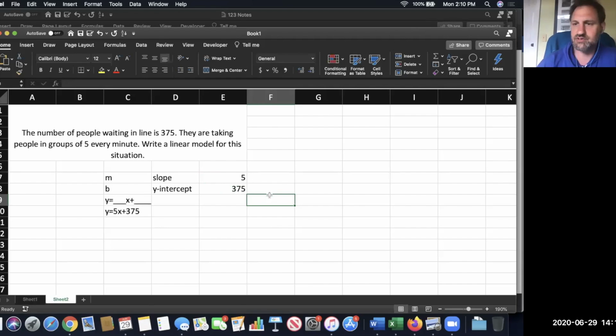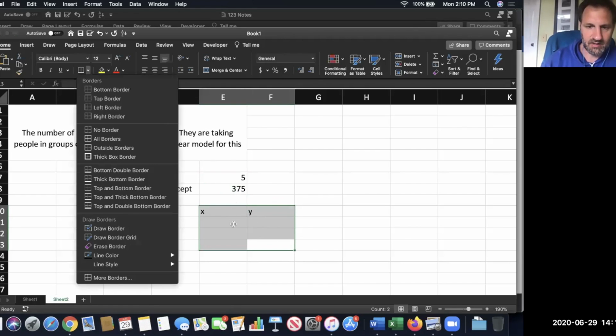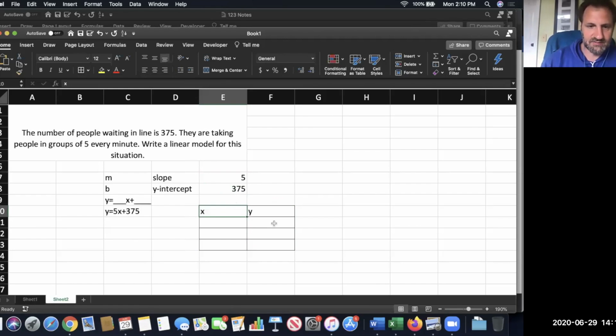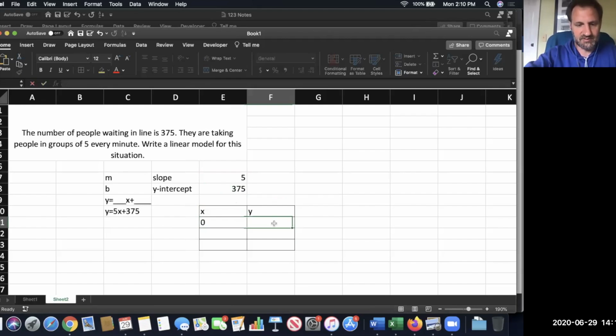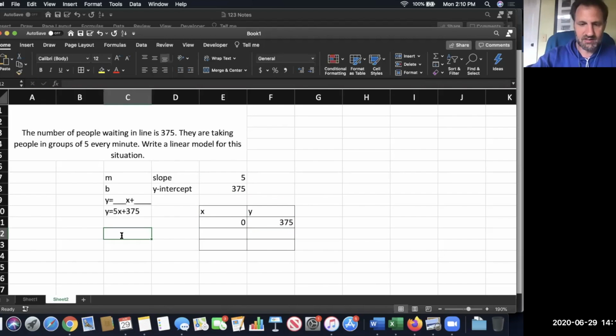I'm going to make a little XY table, and I'm going to think about whether this equation that I've written is correct. So I know that if X was 0, then Y would be 375. If I say Y equals 5 times 0 plus 375, I get 375.